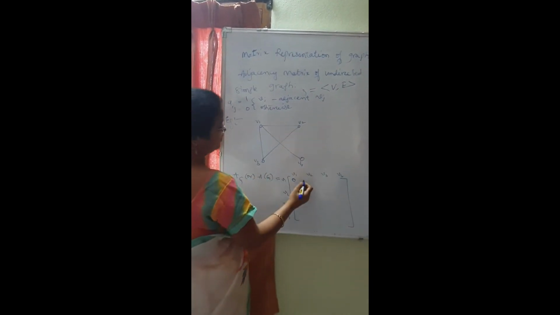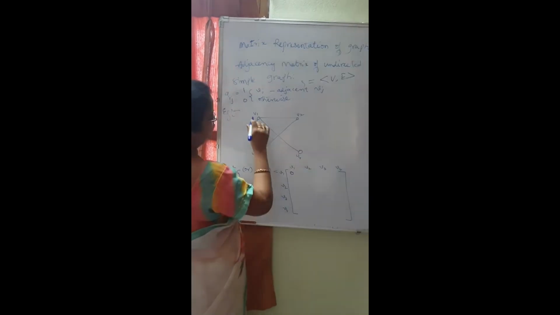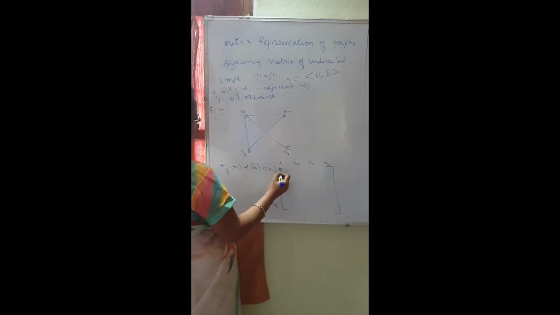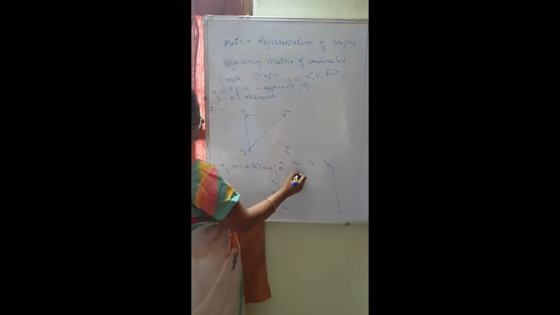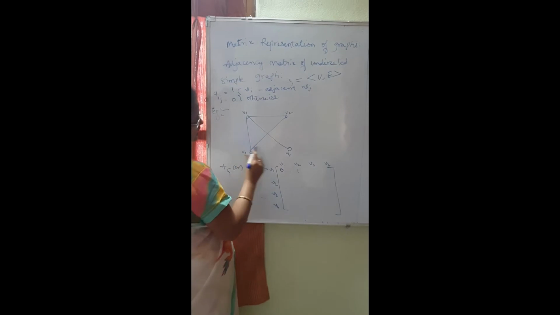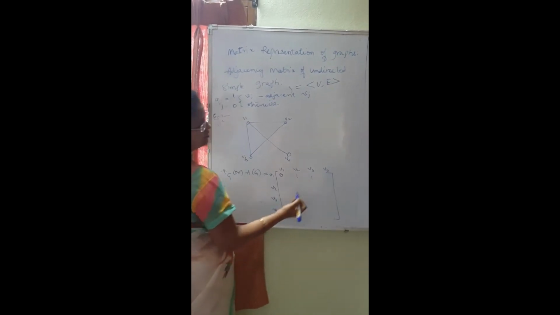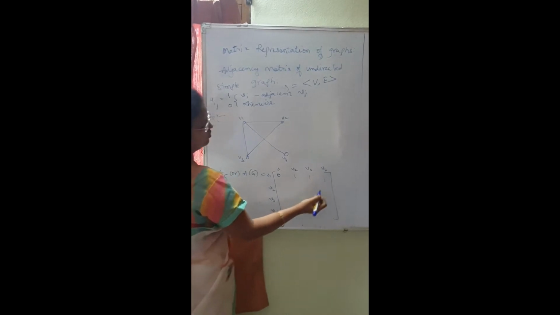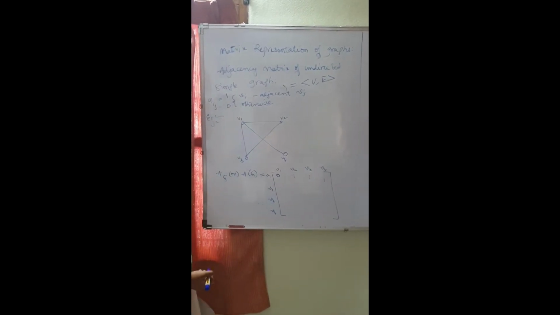V1 to V2 we have one edge, and therefore V1 and V2 are adjacent to each other, so we assign the value A12 equal to 1. Next, V1 to V3 we have an edge, so I am giving the value 1. V1 to V4 also we have an edge, therefore the element is 1.